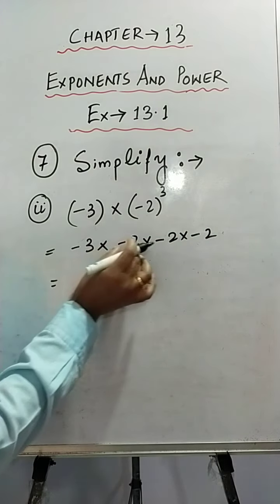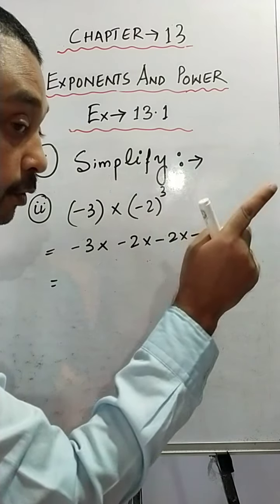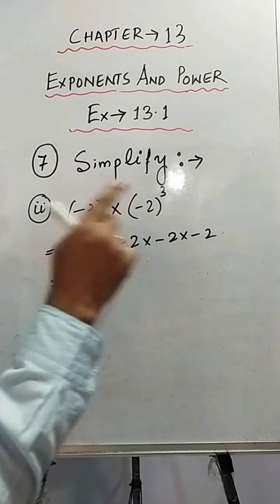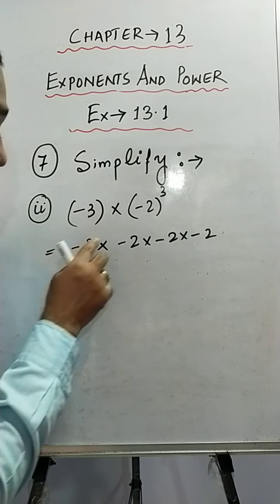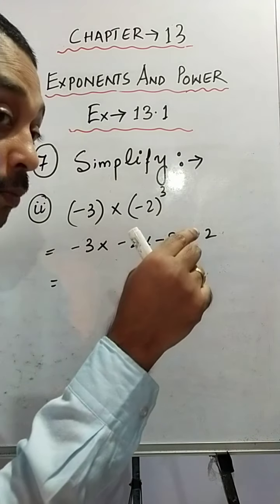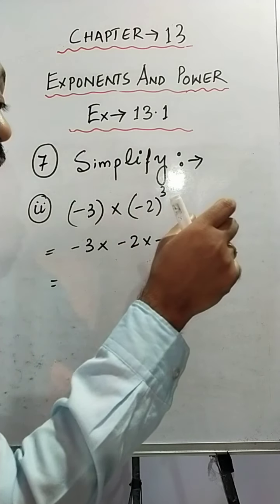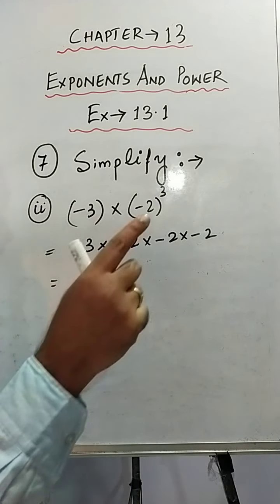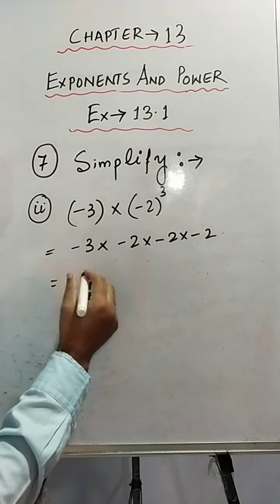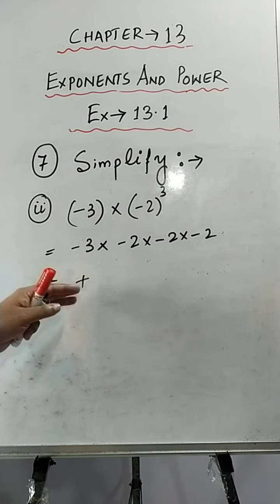You have to multiply all these numbers, but before that you have to count how many negative signs there are. So 1, 2, 3, 4. 4 means even. If the number of negative signs is even, the answer will always be positive. So you can write a positive sign just for your convenience.